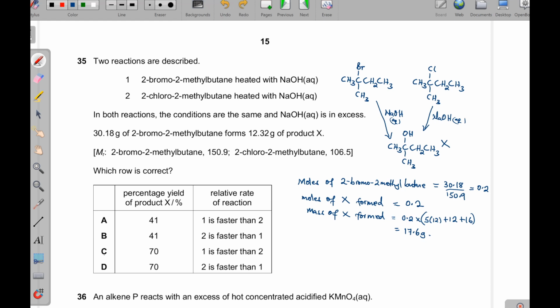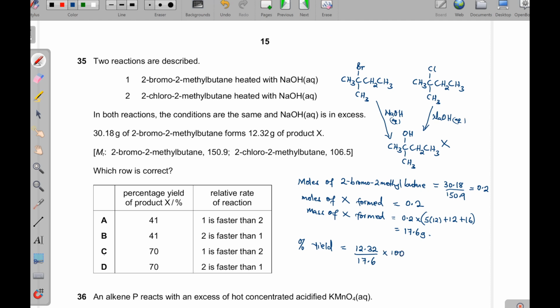This is what we expect to get, okay? Expected mass to be gotten from here if we are reacting these grams of 2-bromo-2-methylbutane. But we got out what? 12.32. So that means the percentage yield is going to be that 12.32, which came out of the 17.6 we were expecting, then times 100.